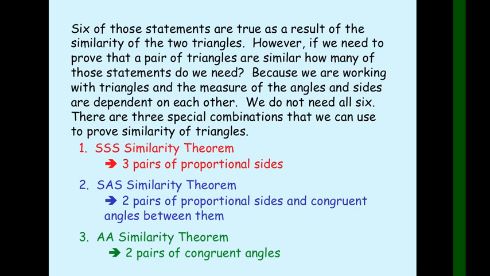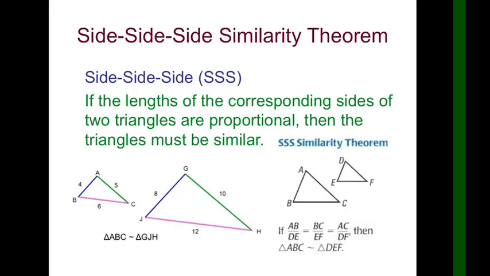And we have the AA similarity theorem, which is two pairs of congruent angles. AA means angle-angle, SAS means side-angle-side, SSS means side-side-side. So let's take a deeper look at these similarity theorems.